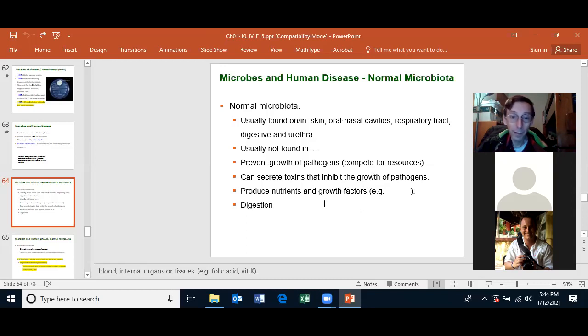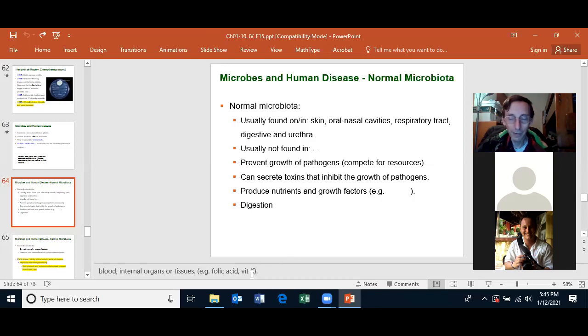For example, in humans, a large amount of folic acid and vitamin K is made for us by our normal microbiota. So if you're not taking vitamin K, at least you get some from your normal microbiota.